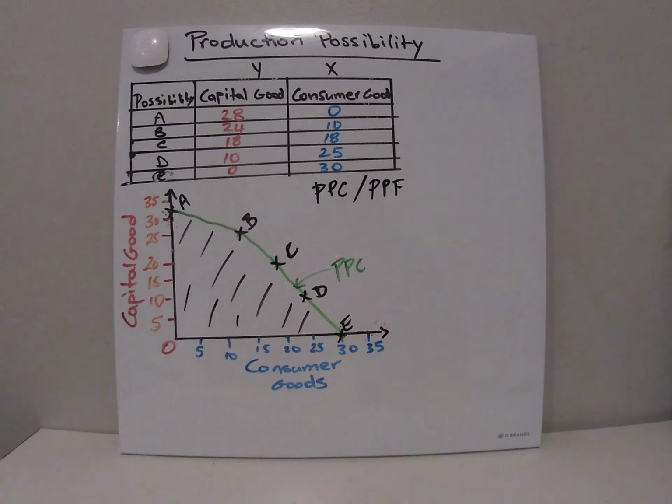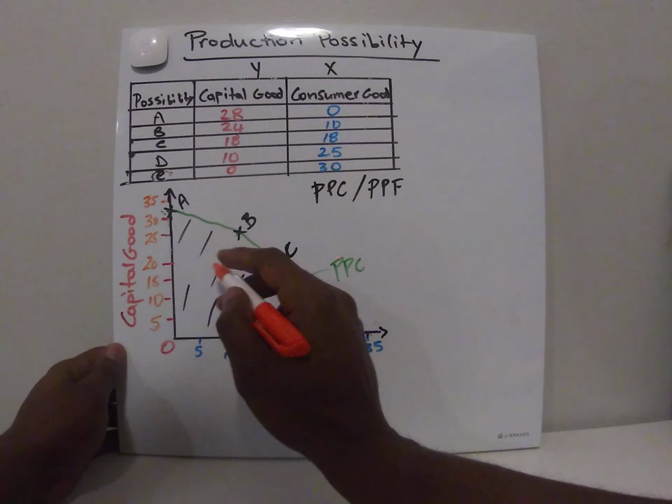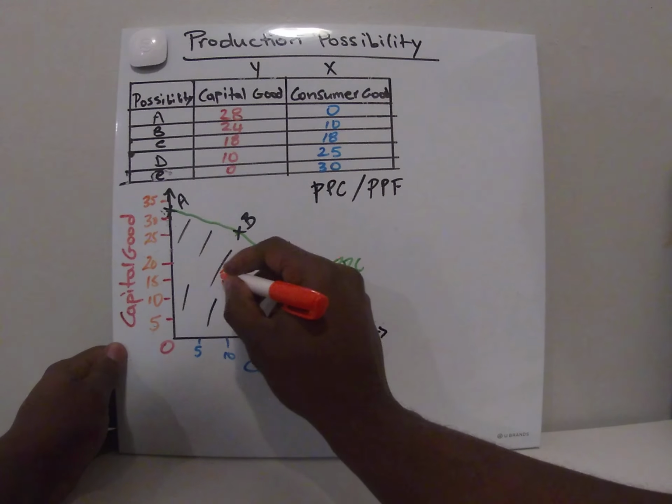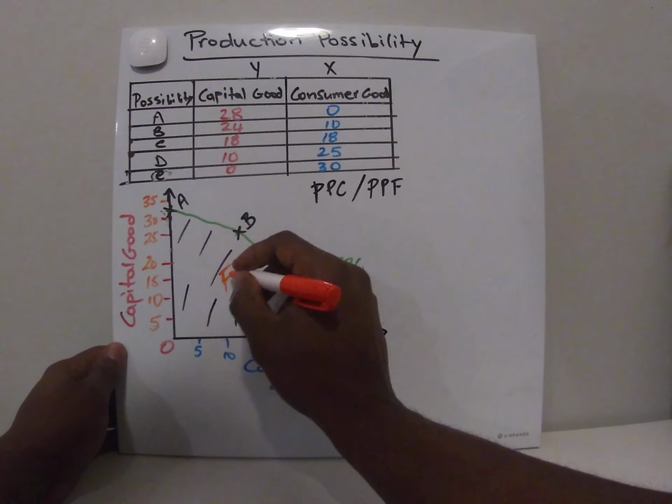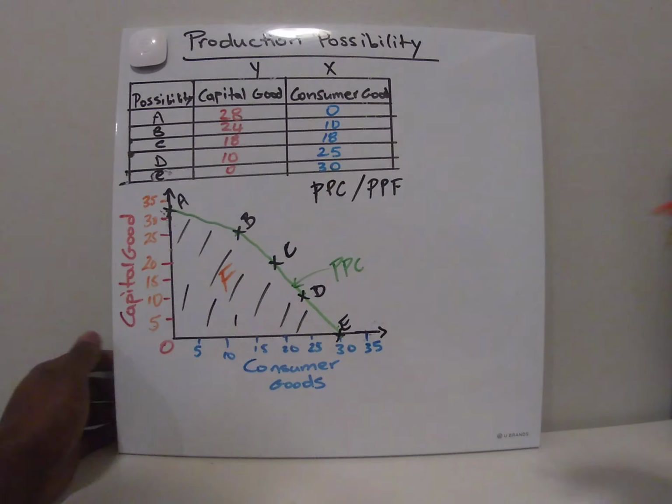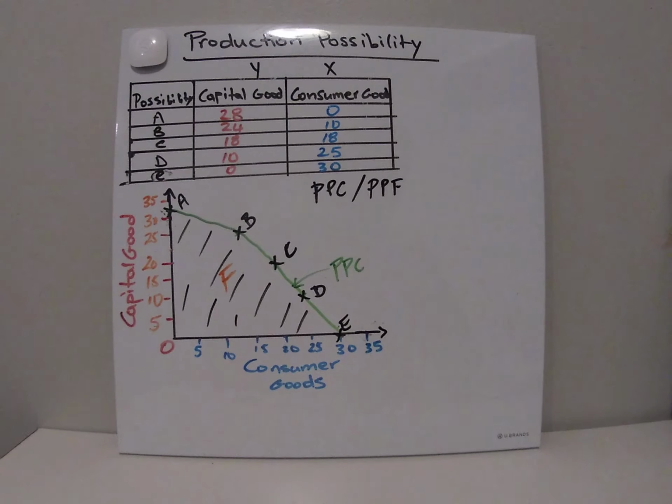However, you can have inefficient use of resources, and so I'm gonna put in a point F. Anything below our PPC is inefficient use of resources.